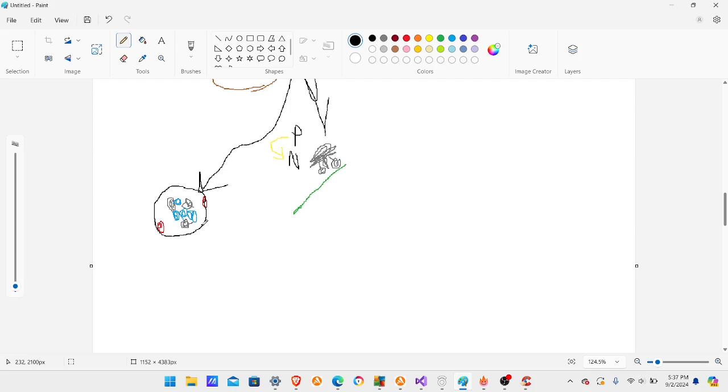So if this atom were to be broken apart, an atom can be broken apart, and I'm not completely sure how.